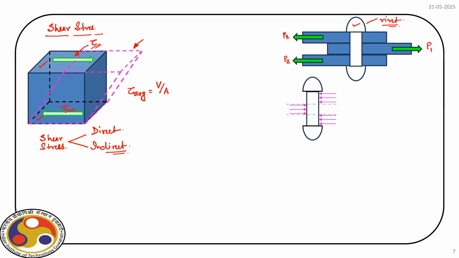As you can see here, these are the three regions denoted by this pink arrow, where the stress originating from different plates is acting.